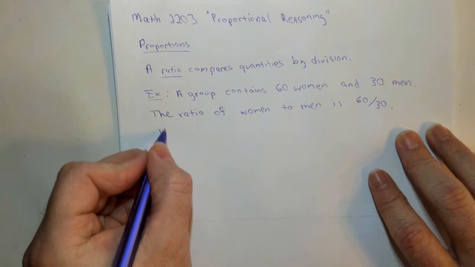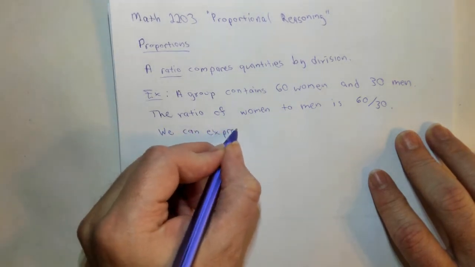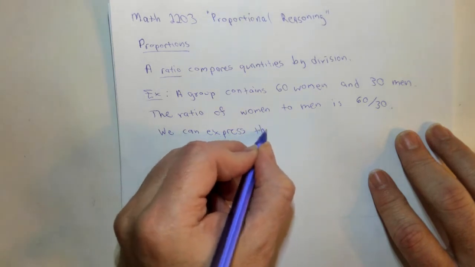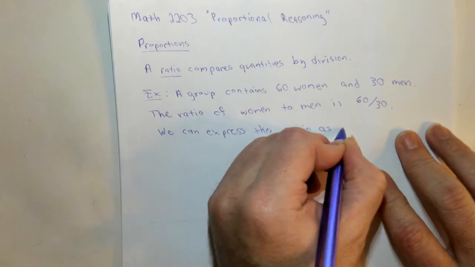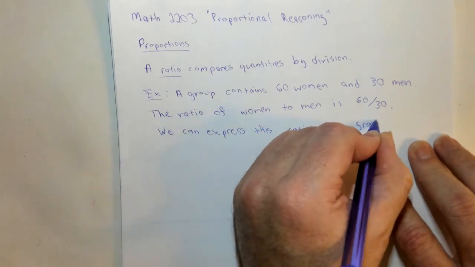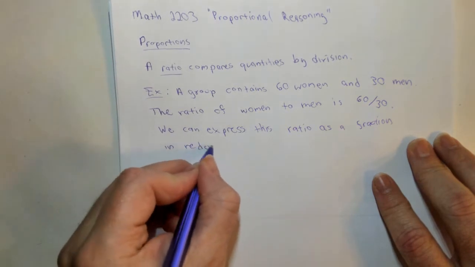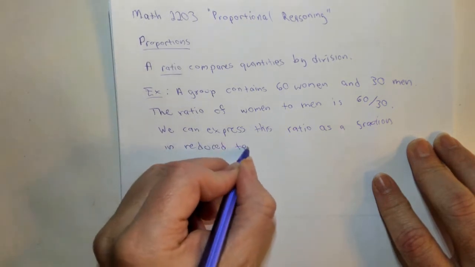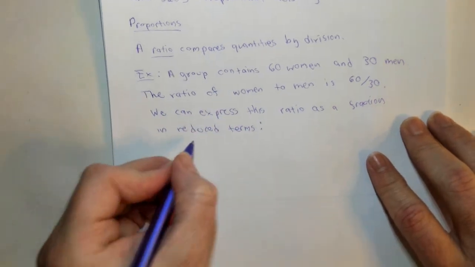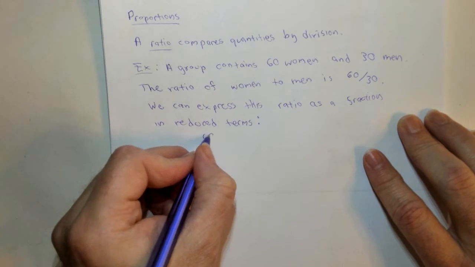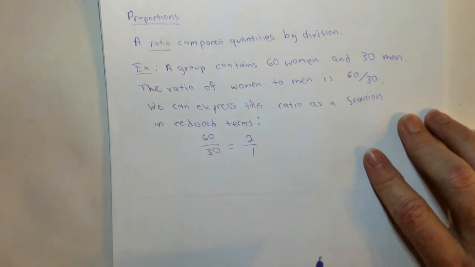So we can express this ratio as a fraction in reduced terms. So 60 over 30, of course, reduces. 60 over 30 reduces to 2 over 1.